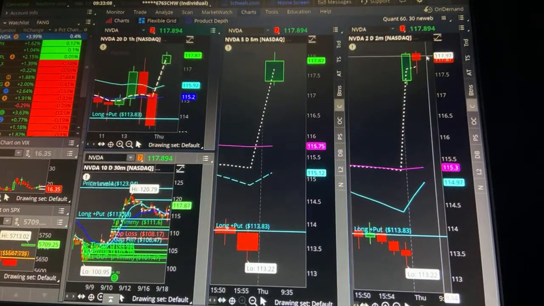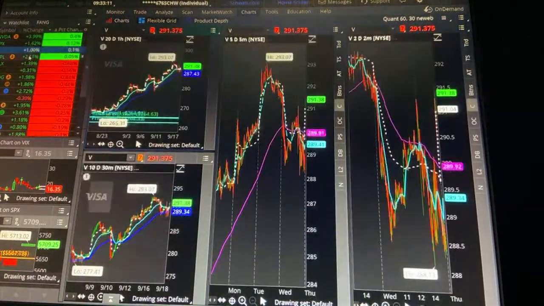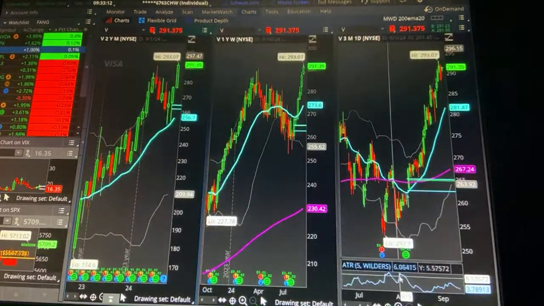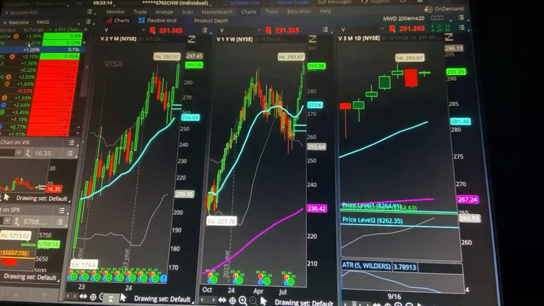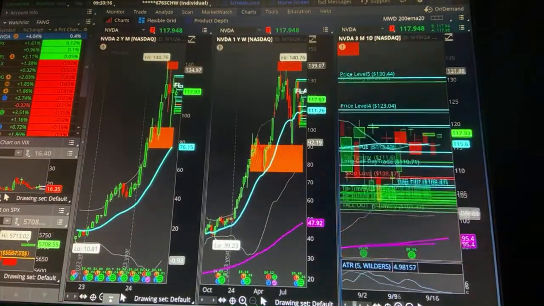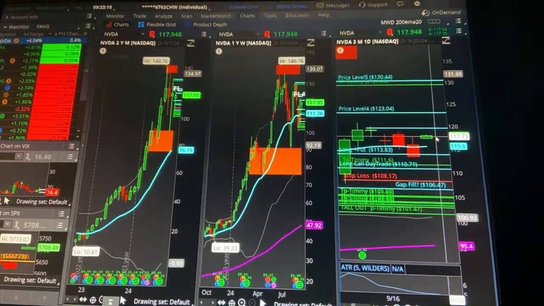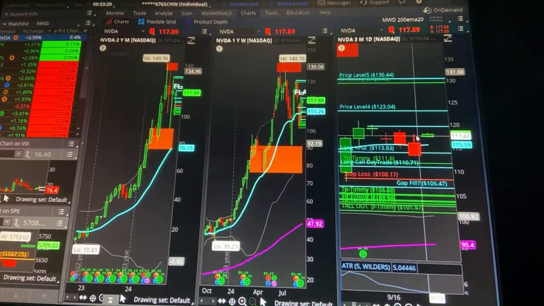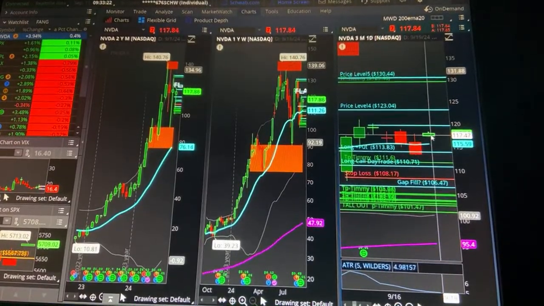All right, right now it's still very early, but NVIDIA. The irony is it's not even clearing yesterday's high.